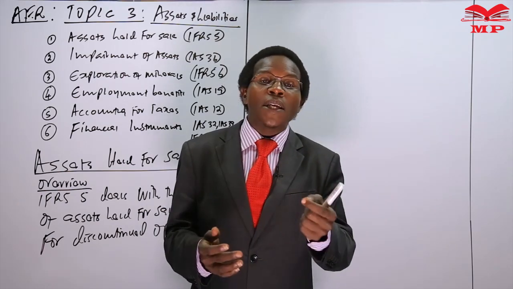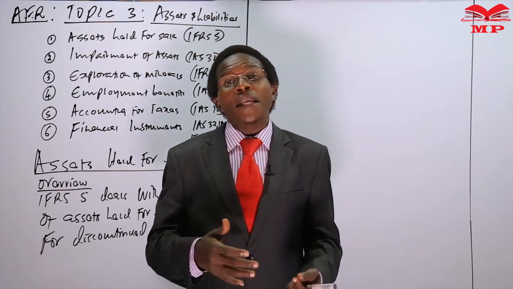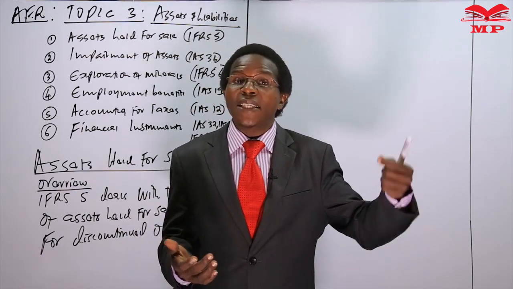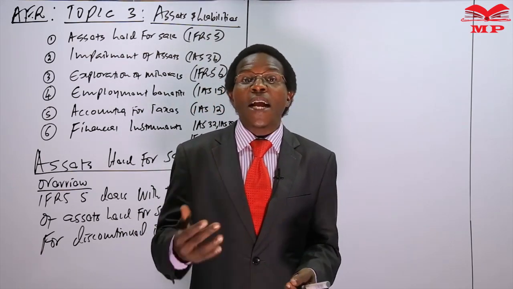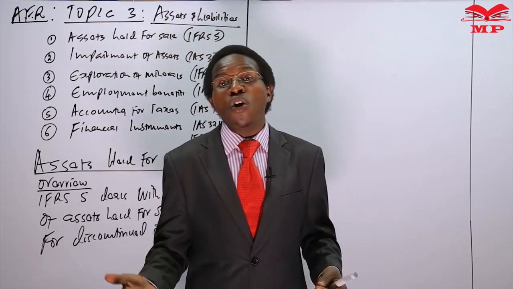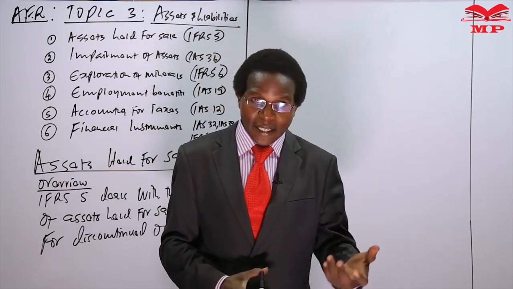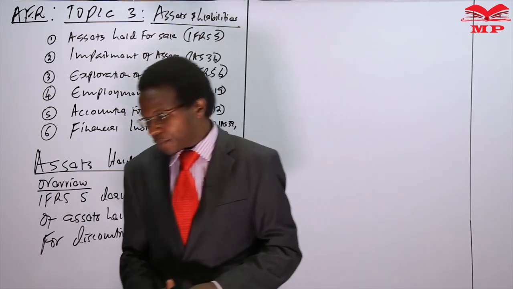If the net realizable value is lower than the carrying amount, then recognize the net realizable value. If the carrying amount is lower than the net realizable value, then recognize the carrying amount. That's what we are trying to simply say. Fine.